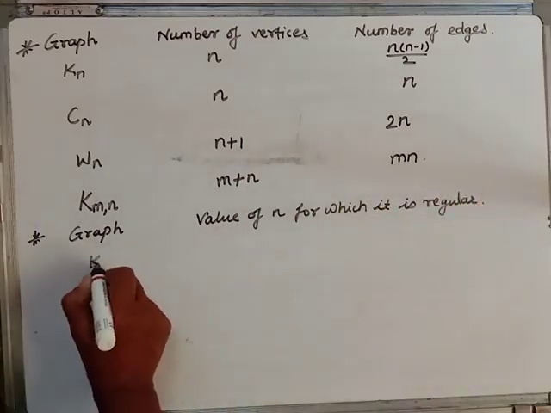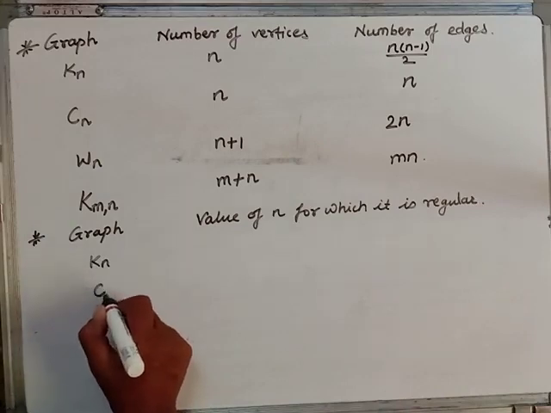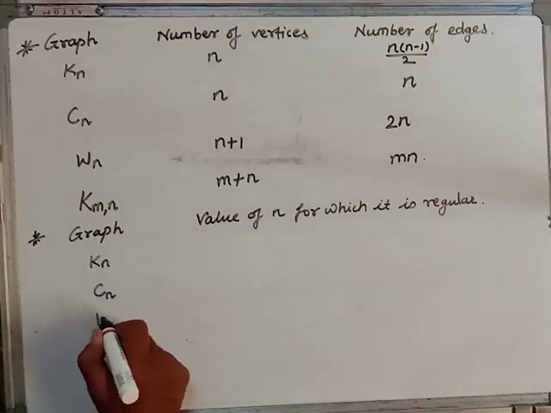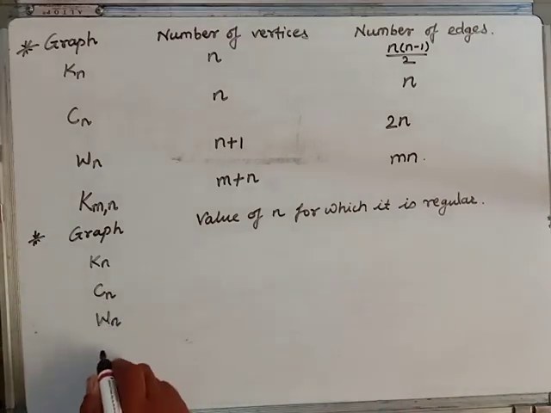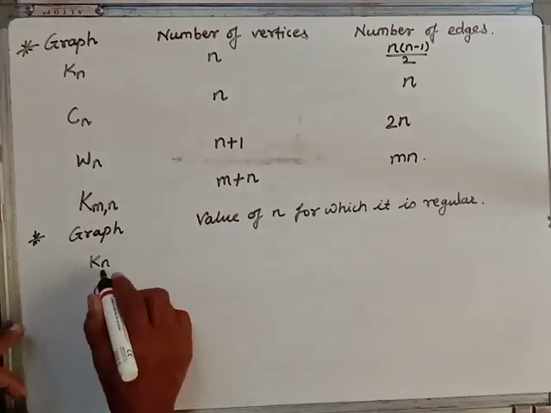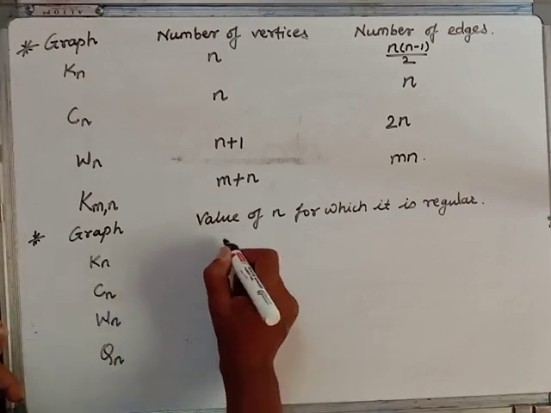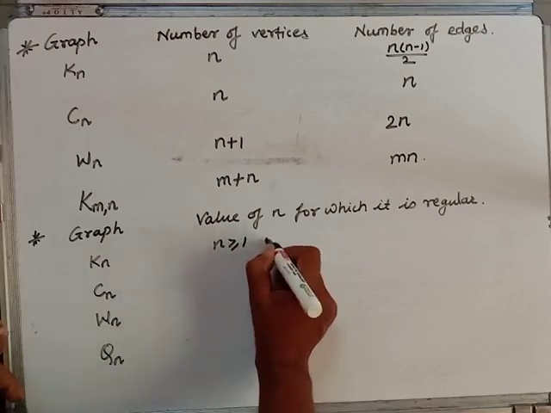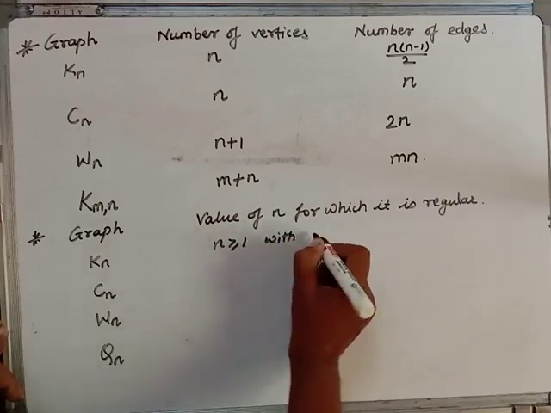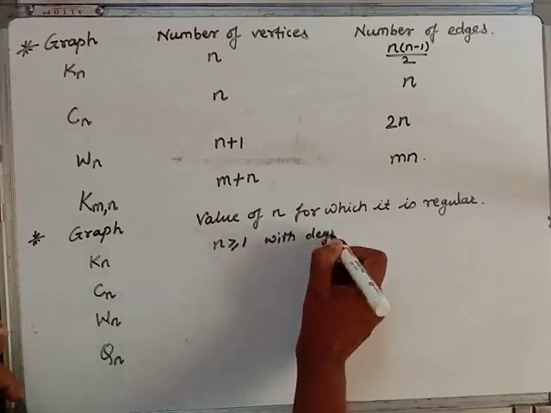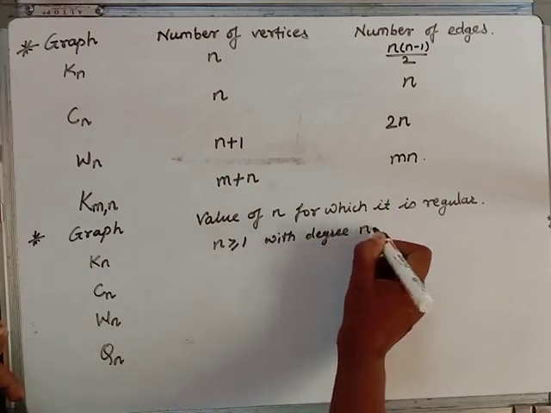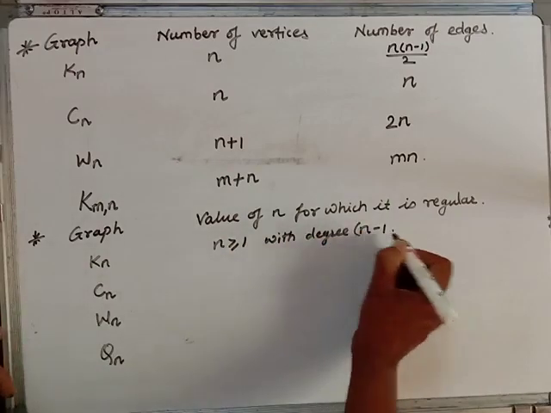Here the graphs I am taking are Kn, the complete graph, the cycle, the wheel with n vertices, and the n-cube. The complete graph is regular for n greater than or equal to 1, with the degree of each vertex being n minus 1.